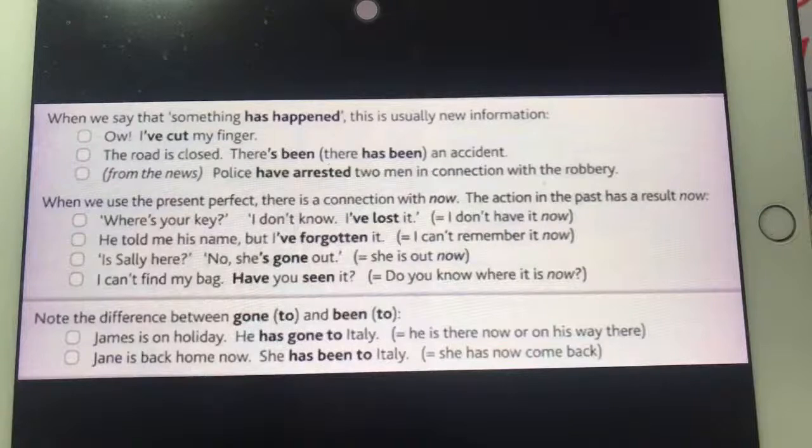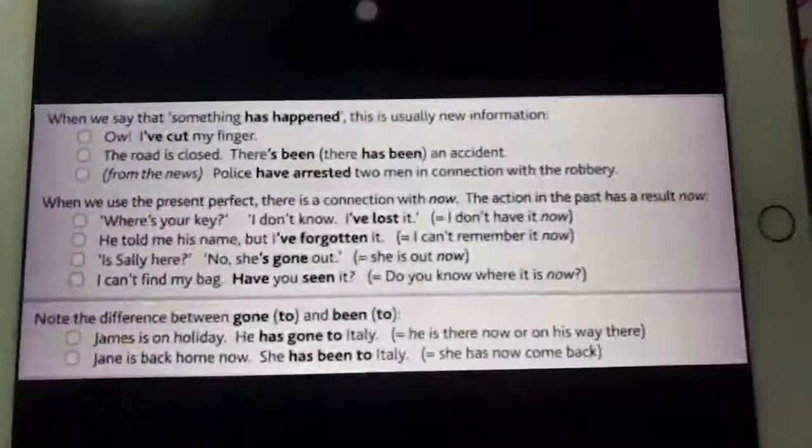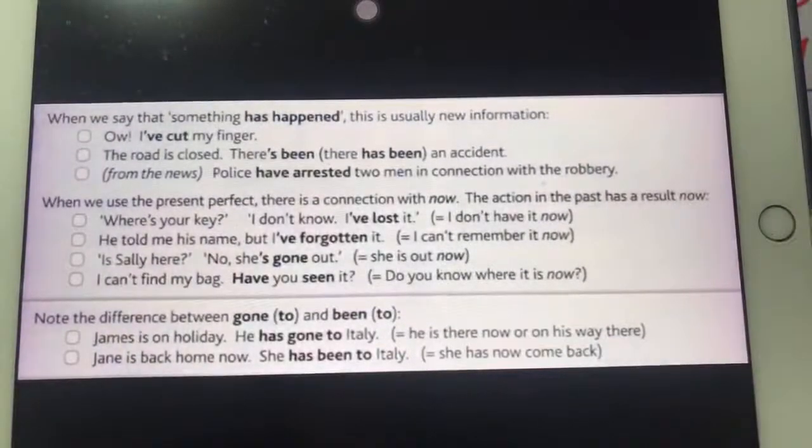So here you have to remember the connection, okay, between what happened and now. Look at the second example. When we use the present perfect, there is a connection with now. Okay? So the action in the past has a result now. Example, where's your key?